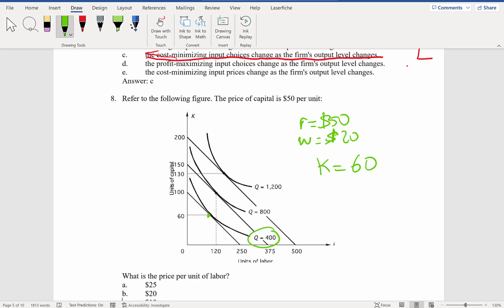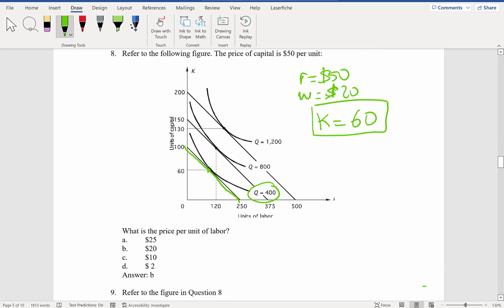So I'm going to write down the equation for this line, and then simply plug the value of capital in to find labor. Let's say I don't know anything.